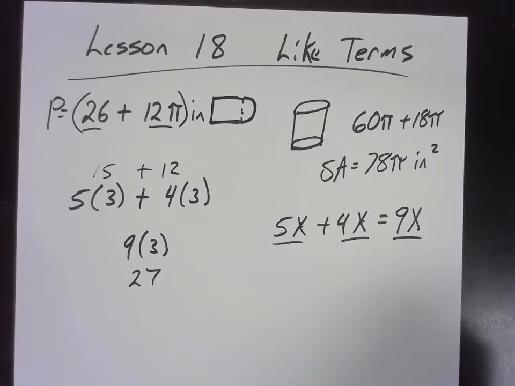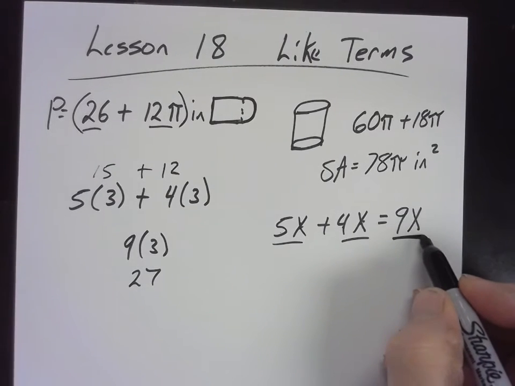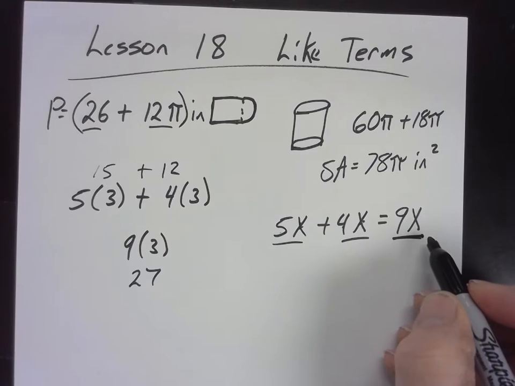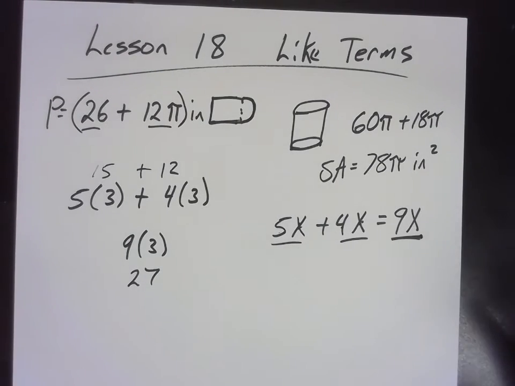And I want you to notice something very important. Look at the answer. Do you notice that the answer is still a like term? Okay, if you combine like terms and your answer is not still a like term, you didn't do it right. You need to really think about that.